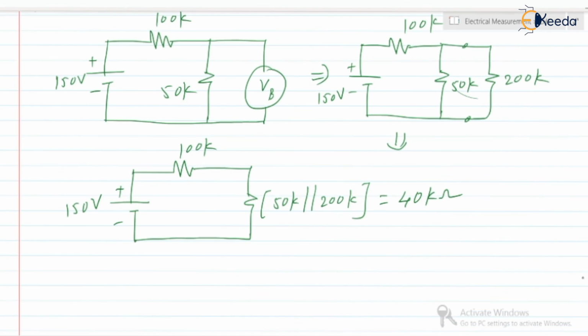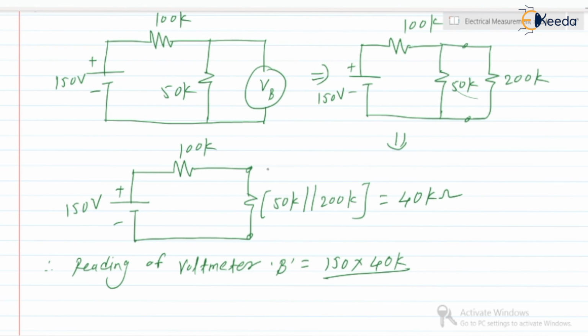Now can we write the voltage across this resistor using the voltage division rule? Yes, therefore the reading of voltmeter B is equal to 150 into 40k divided by the addition of these two, that is 140k.